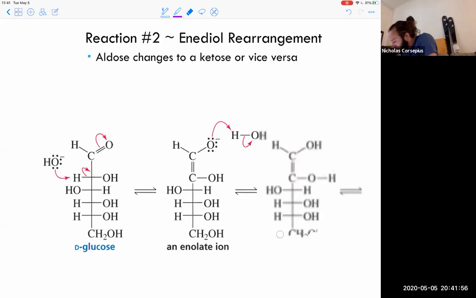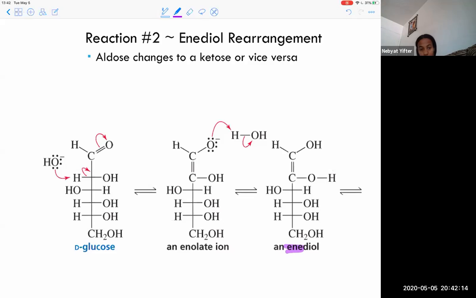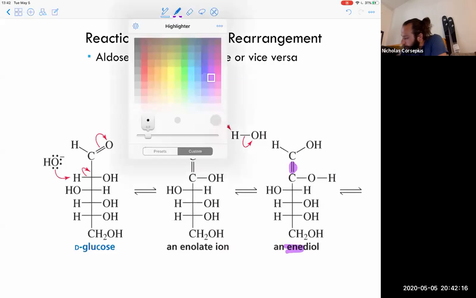All right. So then the next step here, now we have what's called our enediol. So let's just pick this name apart real quick. En, of course, because we have what functional group? A double bond. So that's that guy there.